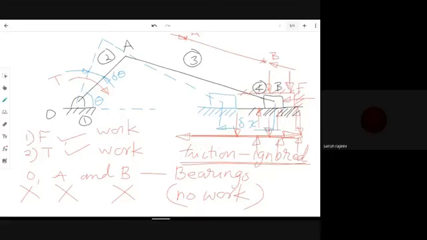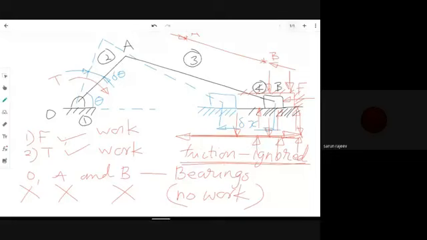So if the forces are acting perpendicular to the motion of the object, there is zero work done because work is force into displacement. So if F and S are both in perpendicular directions, the work done should be equal to zero. That is also clear.